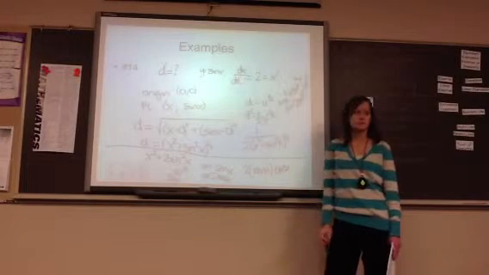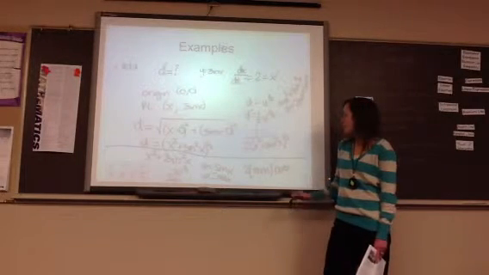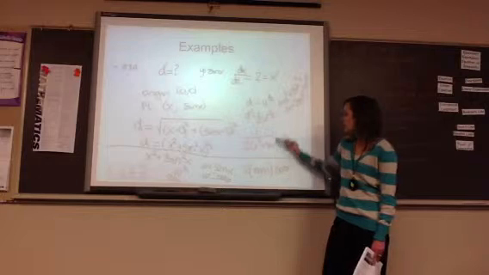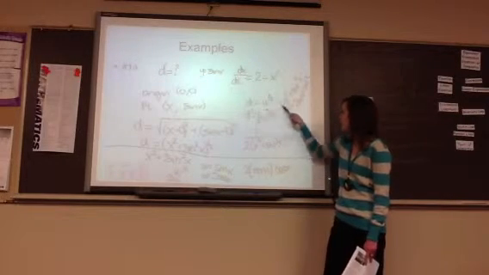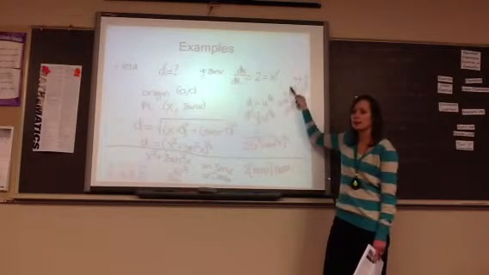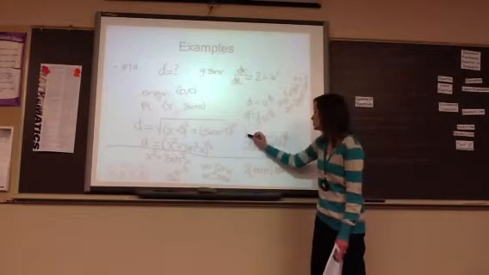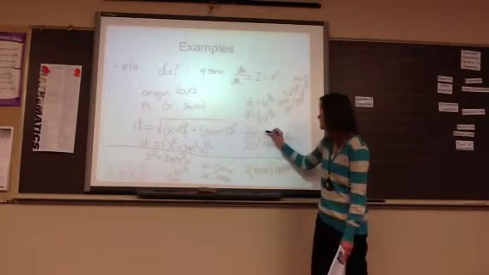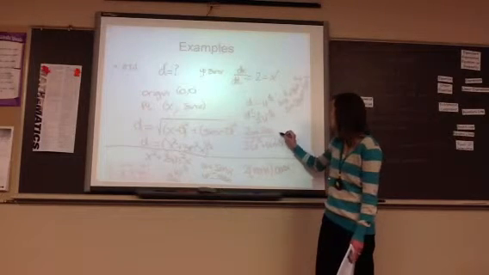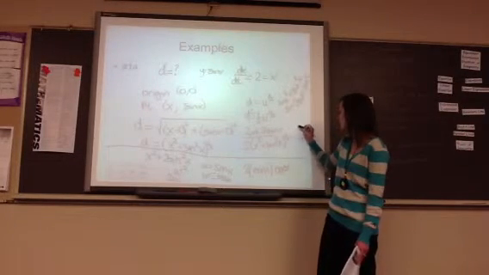Correct? So here was my derivative, and I need to take it times u prime, correct? Do you agree? Yes. So I'm going to put that on top. 2x plus 2 sine x cosine x.